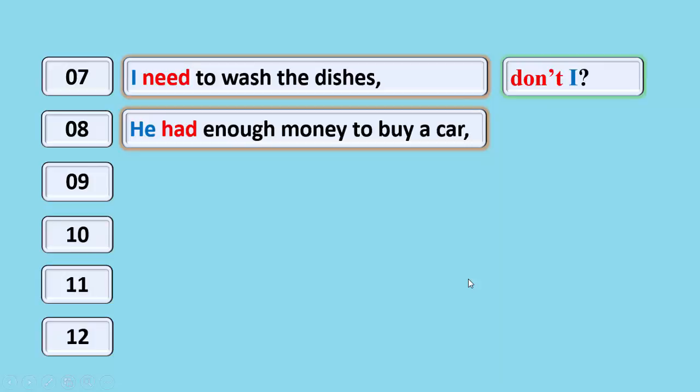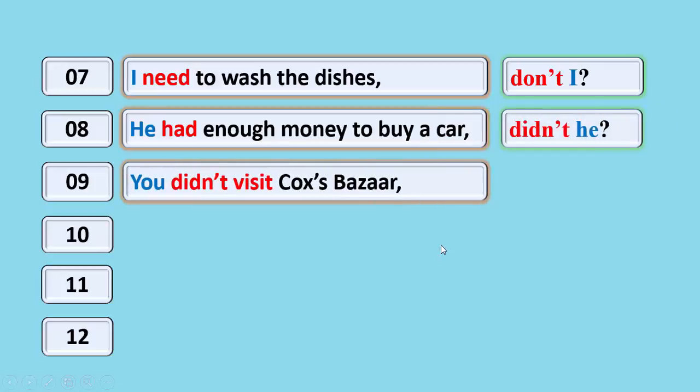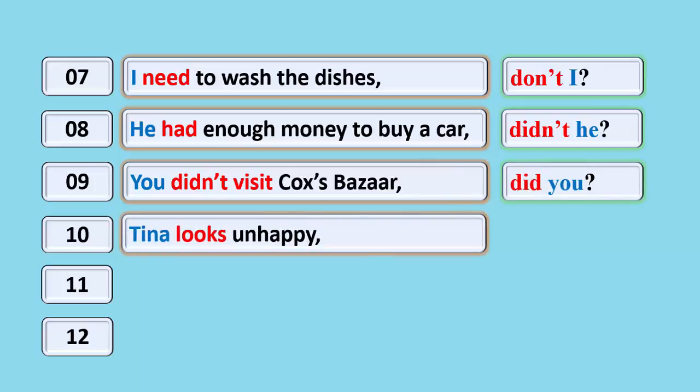He had enough money to buy a car. Didn't he? You didn't visit Cox's Bazar. Did you? Tina looks unhappy.